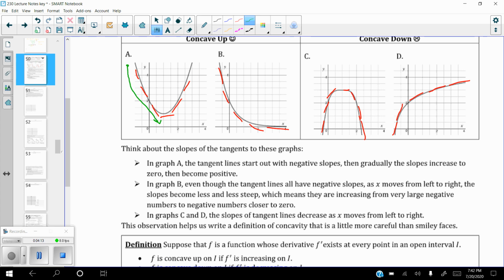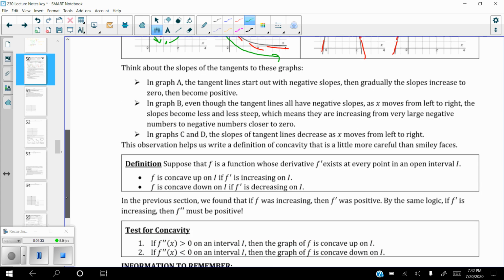Then they hit 0 when they get here, and then they start going positive. So negative numbers to 0 to positive is constantly increasing. Here, all the slopes are negative, but they're getting less and less negative as they approach a 0 slope. They'll never get to it, but that's the idea.